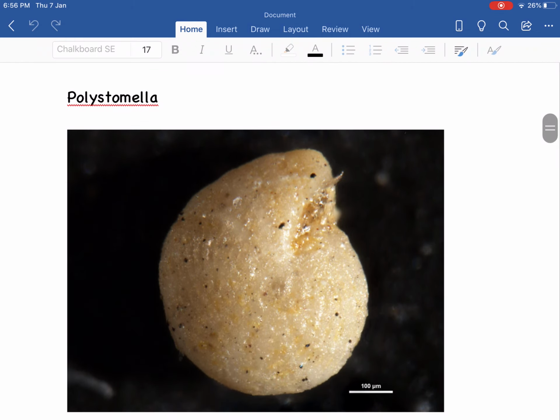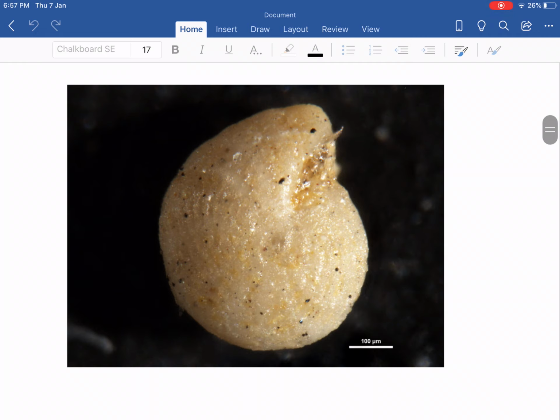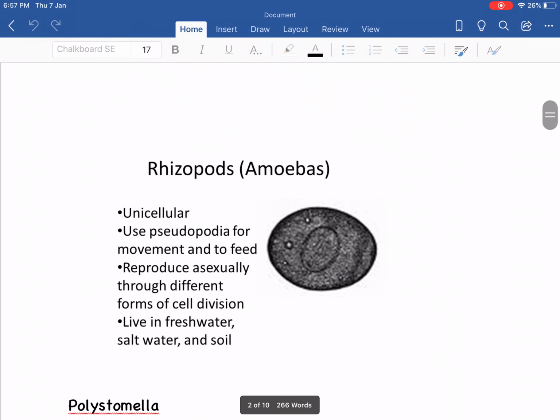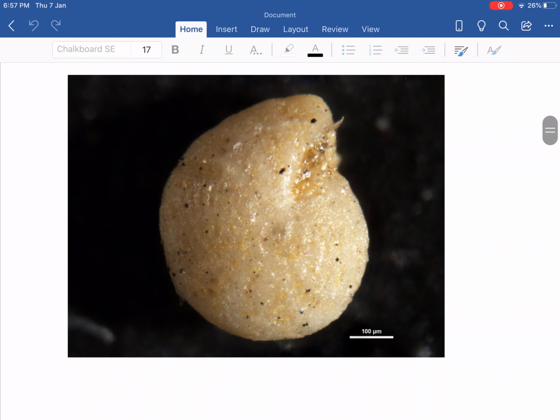This is how the Polystomella looks. Not this big. As you can see, the dimension down there is just 100 micrometers. That will be, I think, a thousandth of a meter.